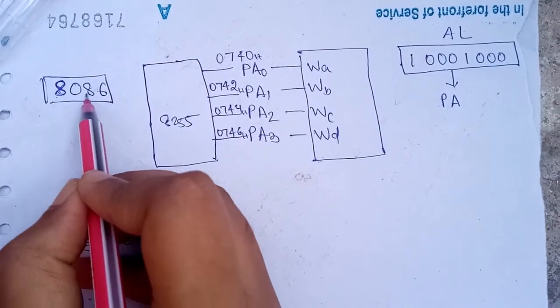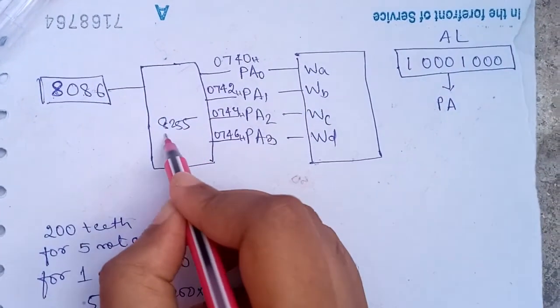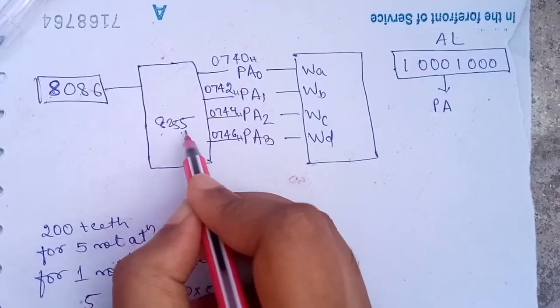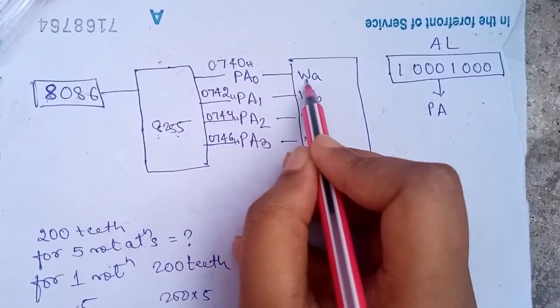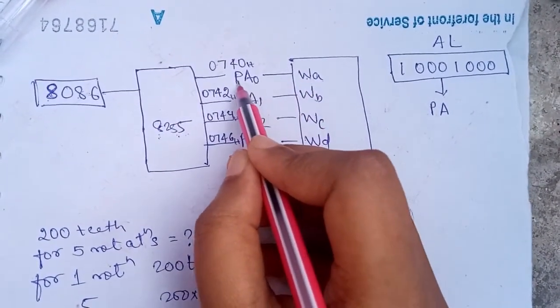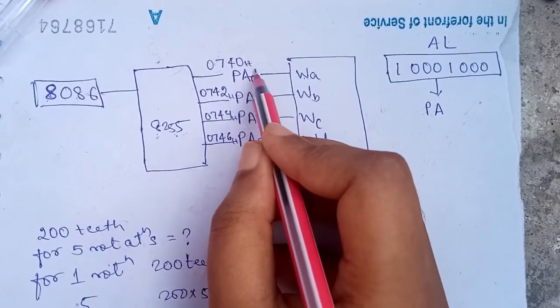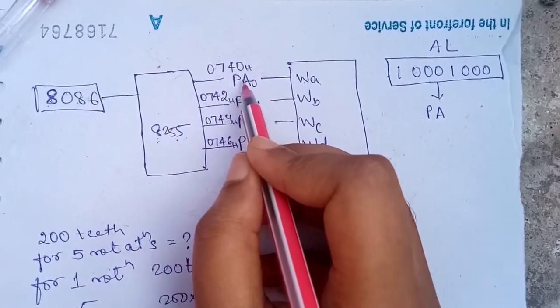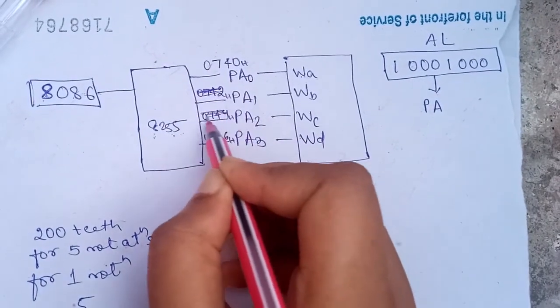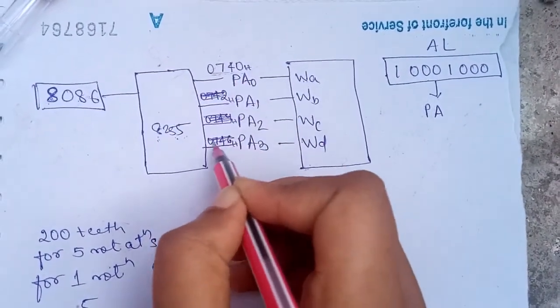See, we have our 8086 connected to the 8255, and in the question it is given that 8255 port A0 is connected to WA, and the address of port A is this much.